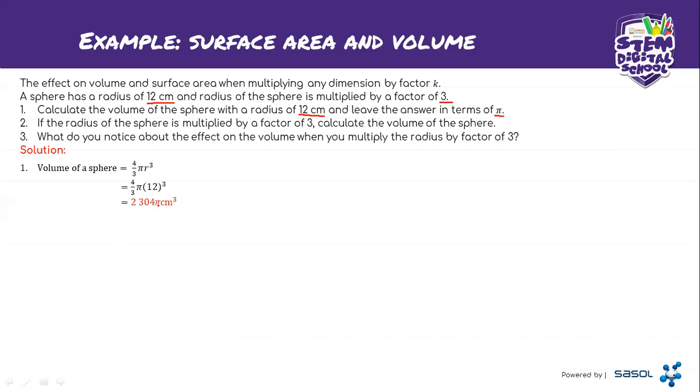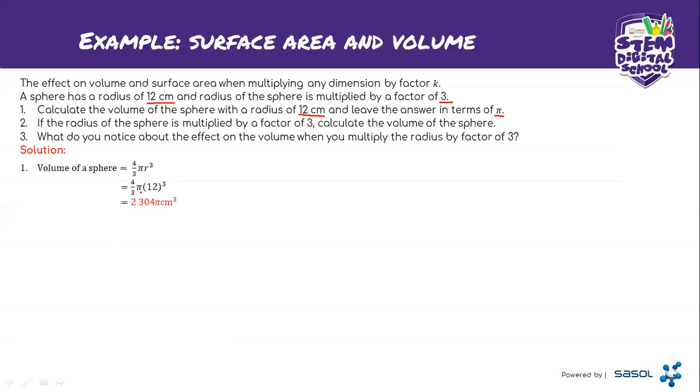Now, I've realized that the majority of learners struggle to write their answer in terms of pi. Let me advise you on how to do that. When you press your calculator, you don't include pi. You just put pi aside, then press 4/3 multiplied by 12 cubed, and it's going to give us 2,304 pi.